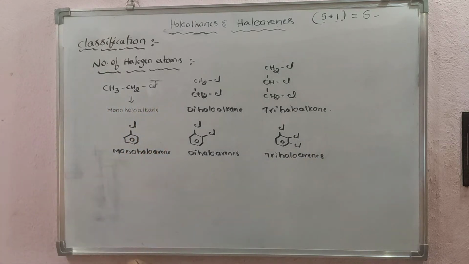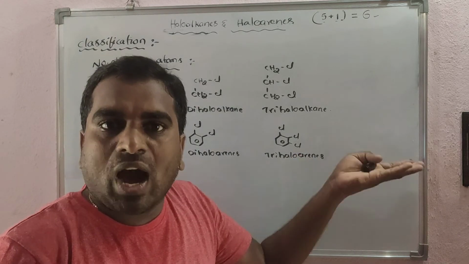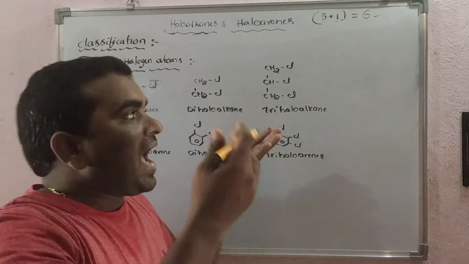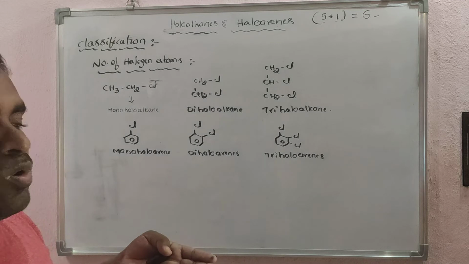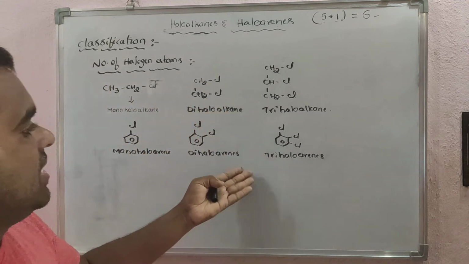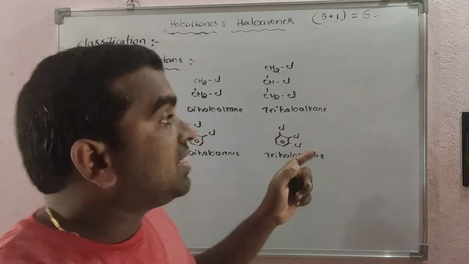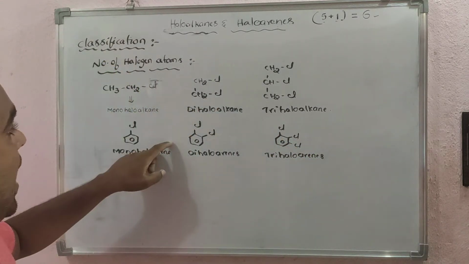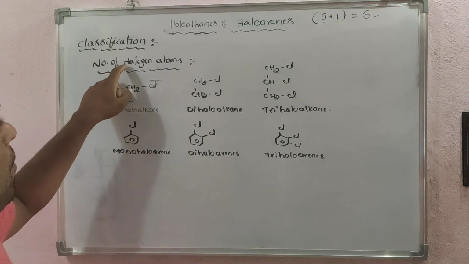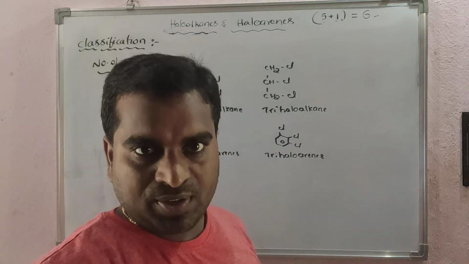If more than three, then we will call it polyhalogenated compounds. If it is haloalkane, you can say polyhaloalkanes. If it is aromatic, polyhaloarenes. These compounds are classified based upon the number of halogen atoms present in the compound.